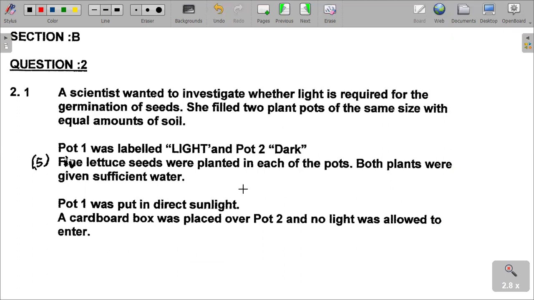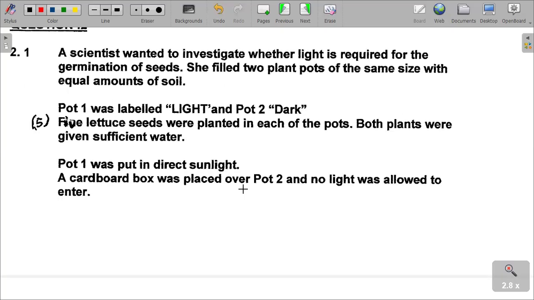Both pots were given sufficient water. Pot 1 was put in direct sunlight. A cardboard box was placed over pot 2 and no light was allowed to enter it.